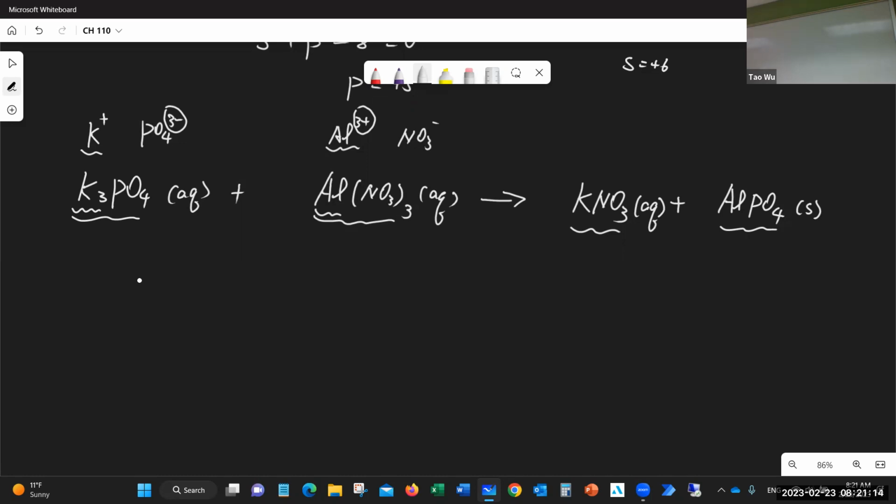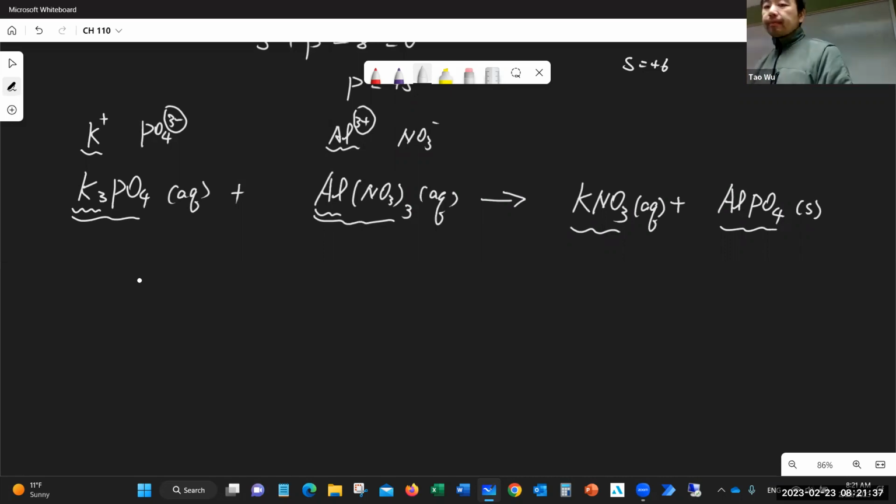Okay, so this is why you know aluminum phosphate is insoluble. So that's going to be a solid in the solution, which is a precipitate. Okay, this is how you predict the chemical reactions. Very, very important. This is a very fundamental part of chemistry.